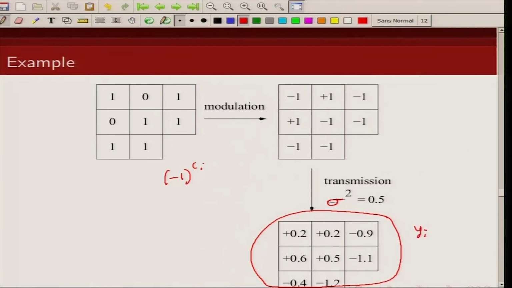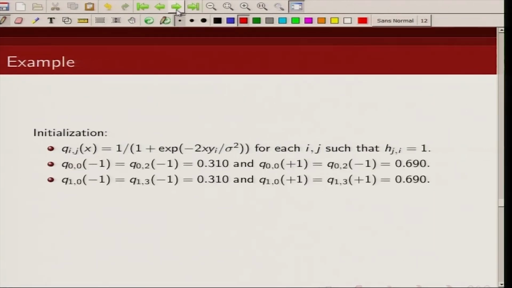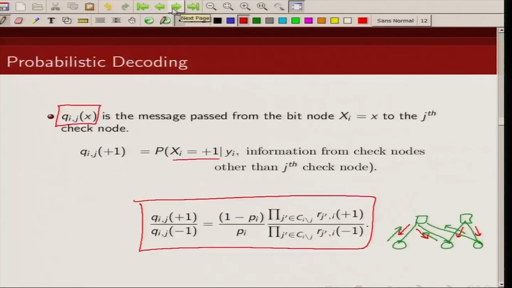Okay. Now what is the first step? I will take these Yis and compute my initial Pis and Qis. I am going to first compute my initial Qis, and that is given by this expression. Now again, pay a little attention to what Qij is. Qij is the message passed from the ith bit to the jth parity check constraint.